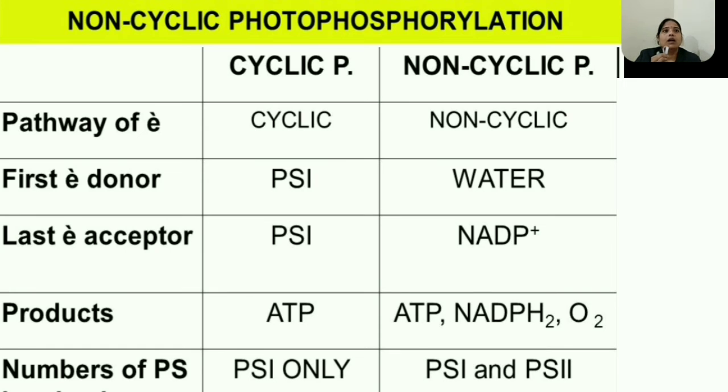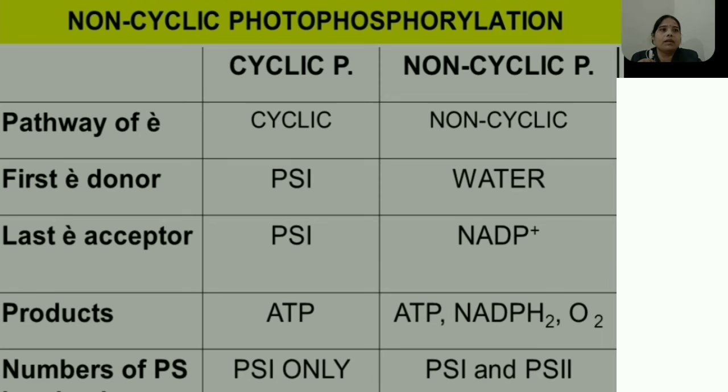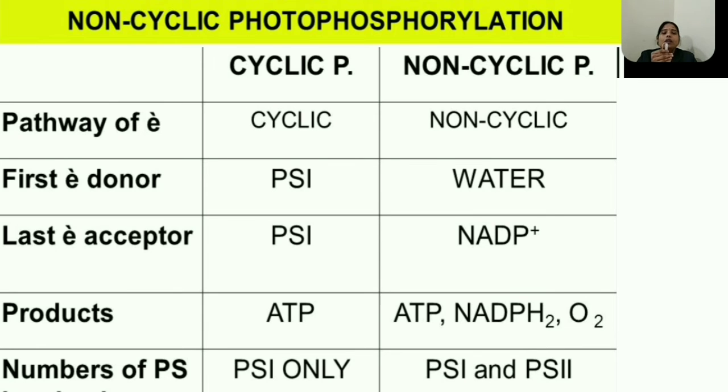Here is the comparison of cyclic and non-cyclic pathways. First difference: cyclic takes place in all photoautotrophs, but non-cyclic does not take place in bacteria; in bacteria, non-cyclic photophosphorylation is absent.